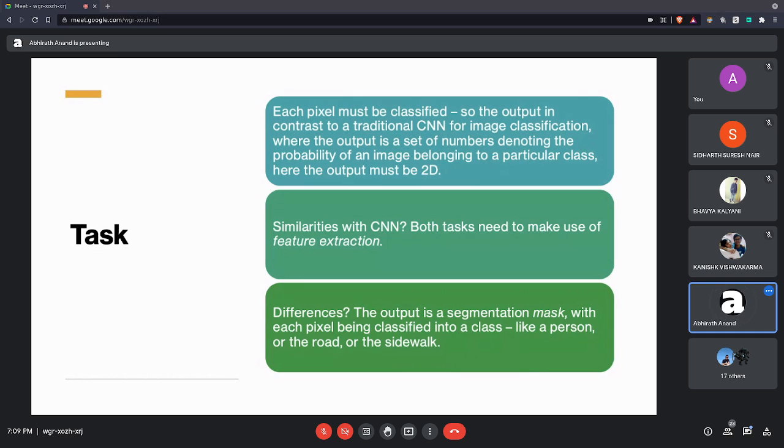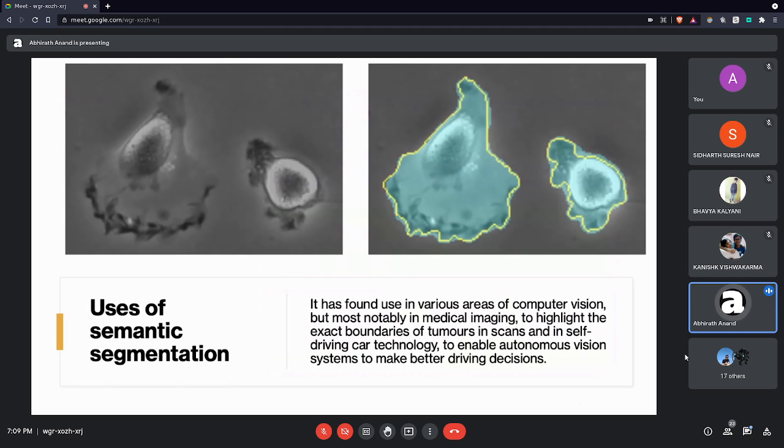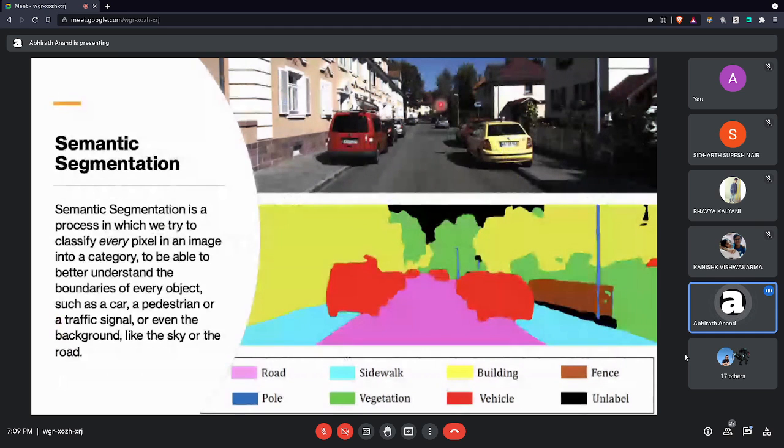So what are the similarities of image classification with semantic segmentation? Both of them need to make use of feature extraction. What I mean by this is that all images have certain features. For example, in the previous example, if we go back two slides, you could say that these cars are all features in this image.